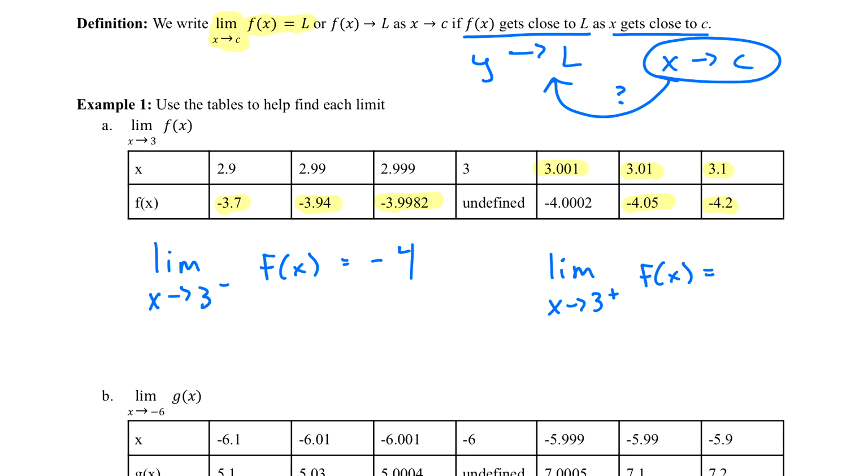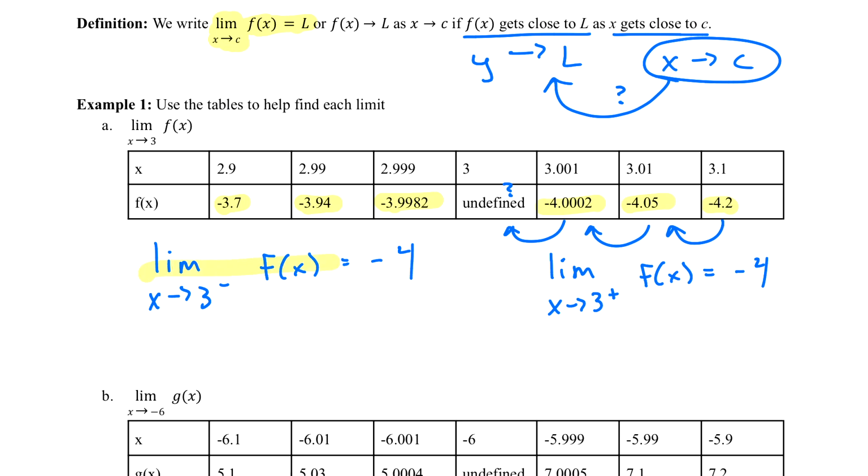And when x is 3.001, we have a y value of negative 4.0002. Again, it's really those y values that I'm looking at. What y value are we getting closer and closer to? What would you expect to see right here? Again, it looks like our y values there are getting closer and closer to negative 4.